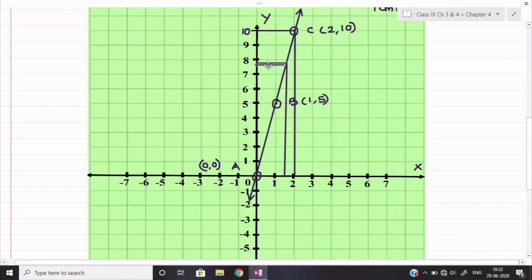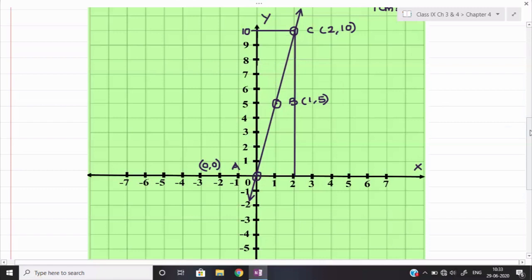I hope you are understanding where exactly this point is coming. Now see please, it is coming perfectly. So when the value of x is equal to 1.5, the value of y will be 7.5. In that way we can easily plot over here. However, it is not asked in the question, so that part we can leave it.